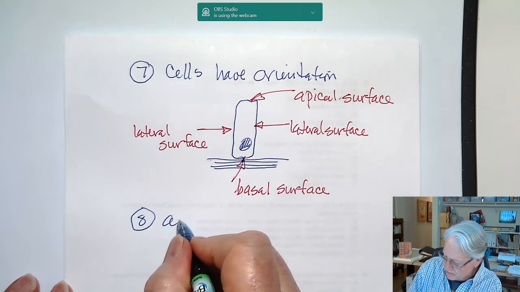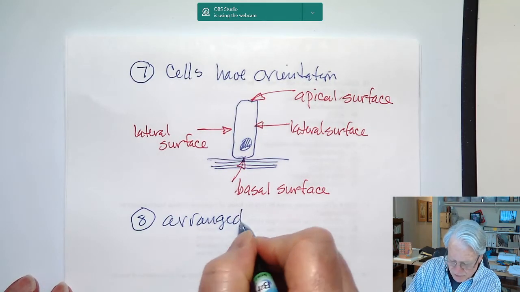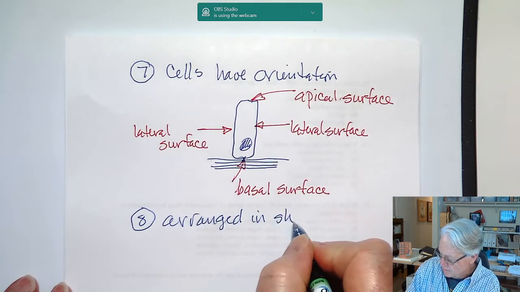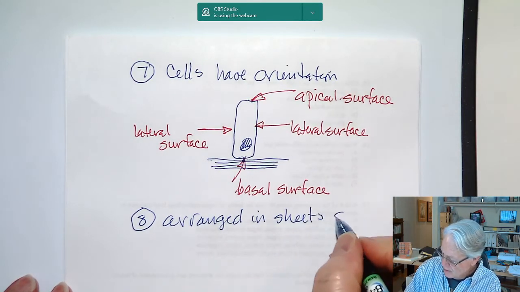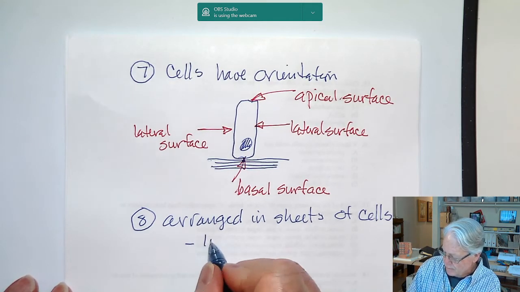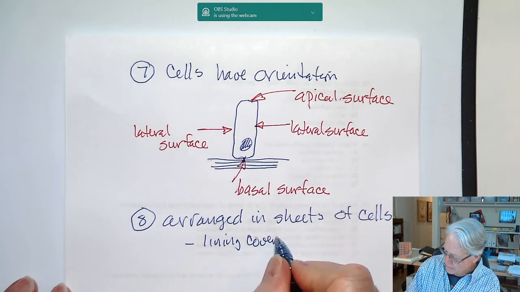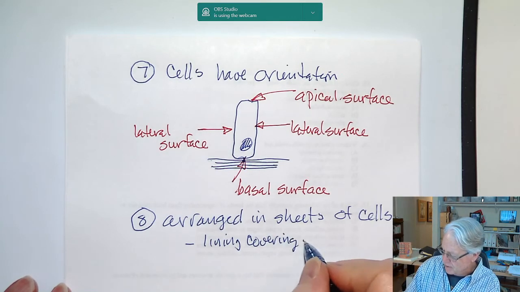Number 8 is it's going to be found arranged in sheets of cells. Now this is for lining and covering epithelium.